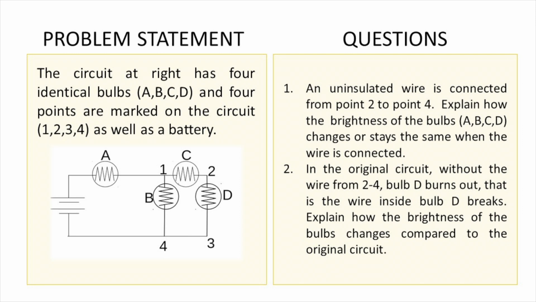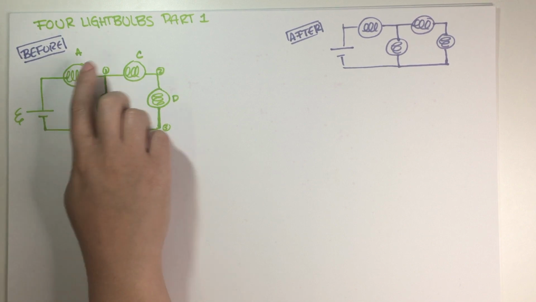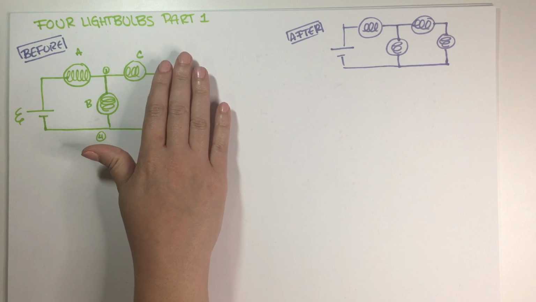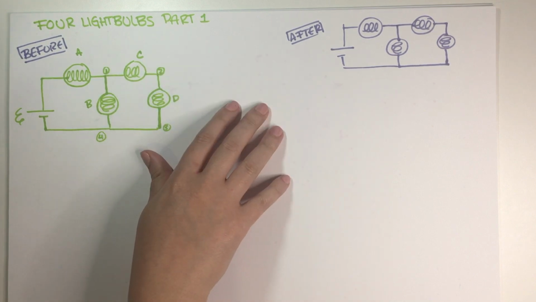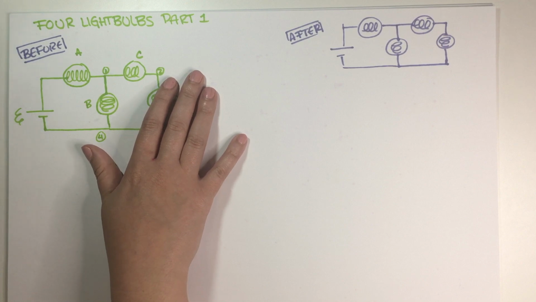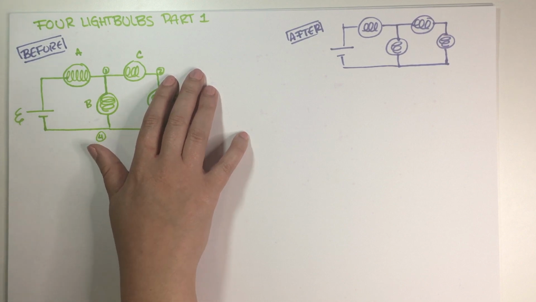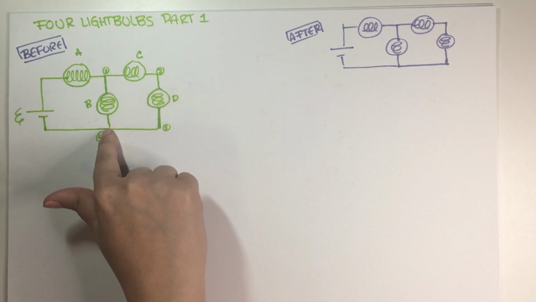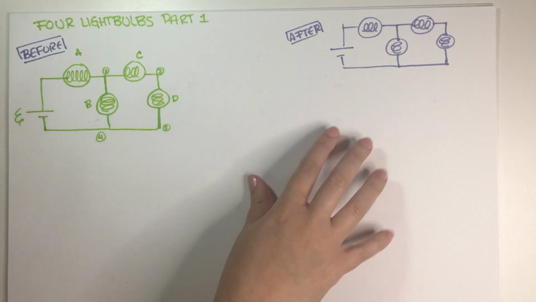So as you can see, I have this diagram over here. This is the original diagram. I have all of my light bulbs, and because all of them are connected, all of them are on, and all of them are a certain level of bright. For part A, I need to connect a wire from 2 to 4, like this.